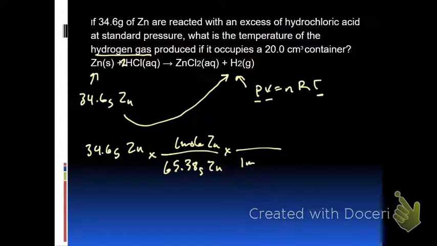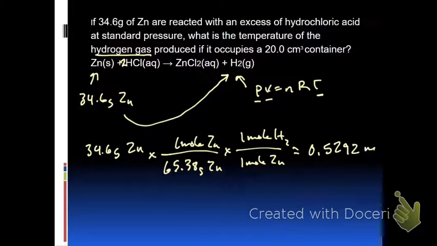So for every 1 mole of zinc, you get 1 mole of hydrogen gas, right? That's our ratio, and that's it. So 34.6 divided by 65.38 gives 0.529. I'm just going to keep an extra digit. Okay, so that's our moles of hydrogen gas.